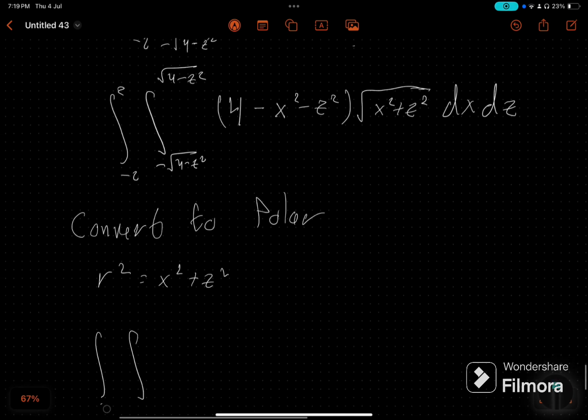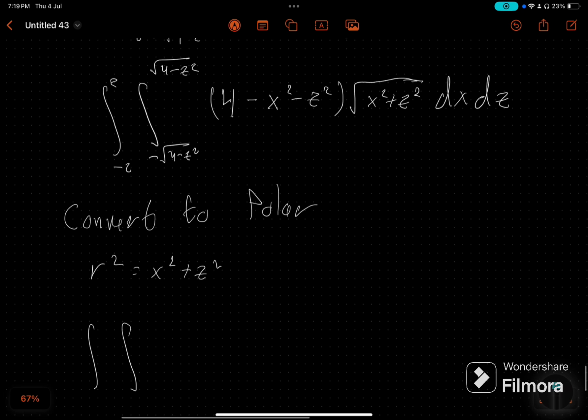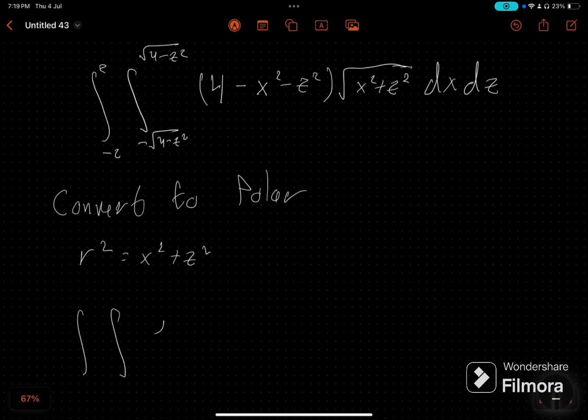Let's see what the limits are gonna be. Basically here we have r times 4 minus r squared, multiplied by the square root of r squared, which is just r, times r dr d theta, or just r squared.